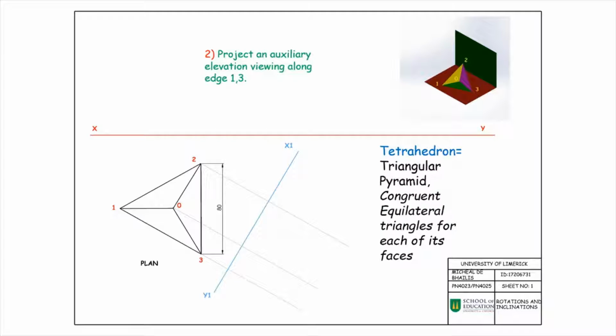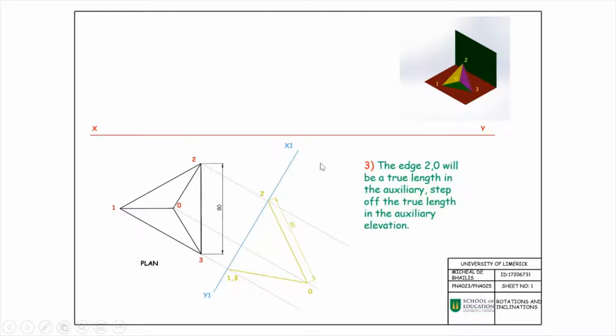As we all know, a tetrahedron is a triangular pyramid made up of congruent equilateral triangles for each of its faces. So we can simply draw on this triangle by joining up the points and stepping off the true length, which is 80 millimeters, or the same as the true length 1,3.